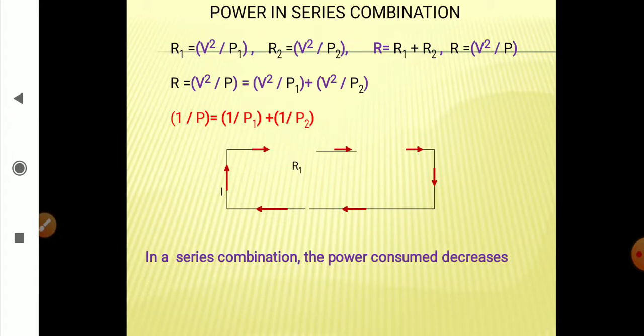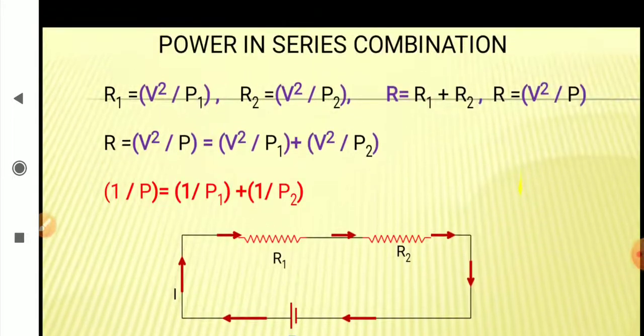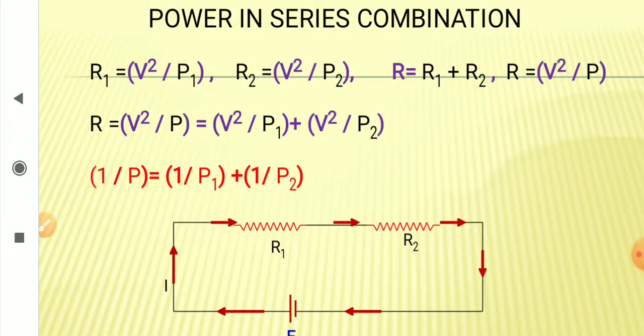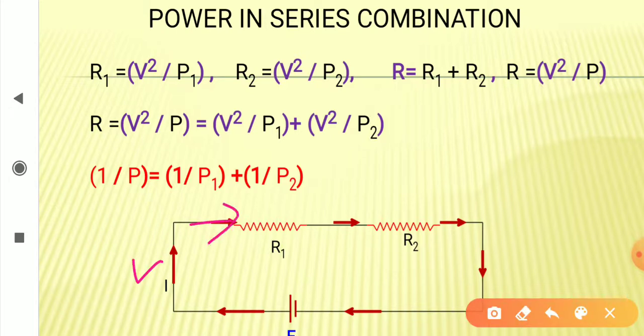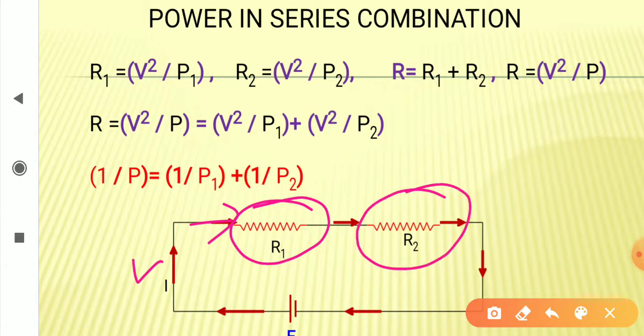Let's see what happens in series combination. We have two resistances connected in series with a source of current, right? Now here you see current passing through each resistance is same. Say we have these two bulbs R1 and R2.